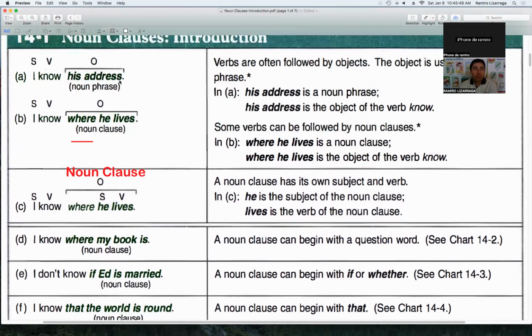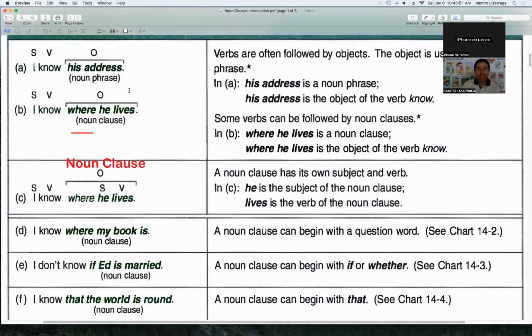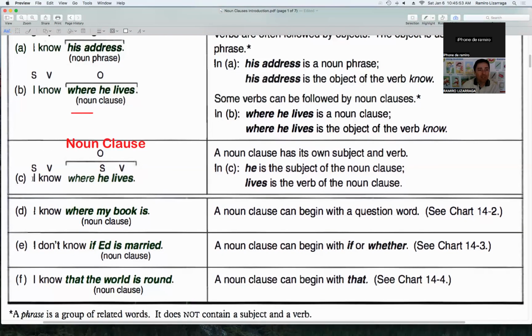Pero fíjense qué interesante que en esta oración que tenemos aquí, I know where he lives, es una sola oración, pero vean, tenemos dos sujetos y dos verbos, ¿sí?